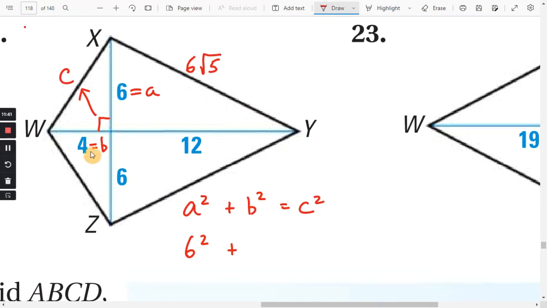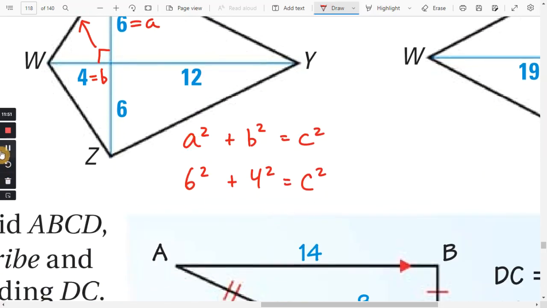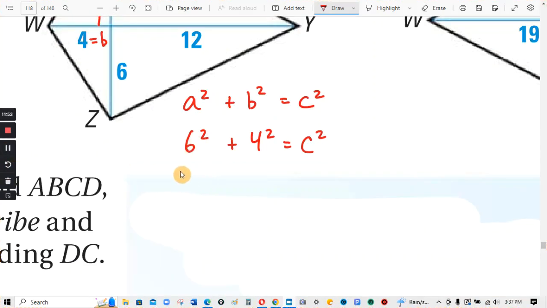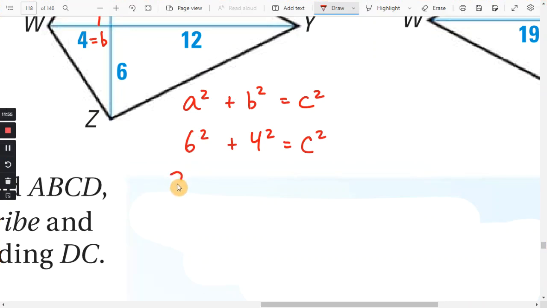B squared is going to be 4 squared. And C squared is just C squared for now. 6 times 6 is 36. 4 times 4 is 16. 36 plus 16 is 52. And that equals C squared.